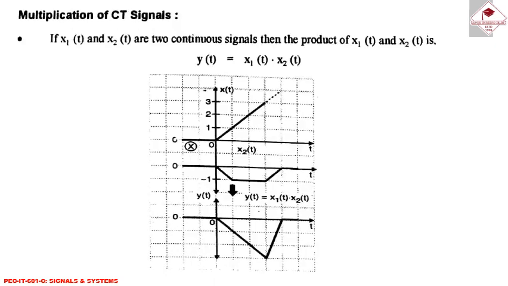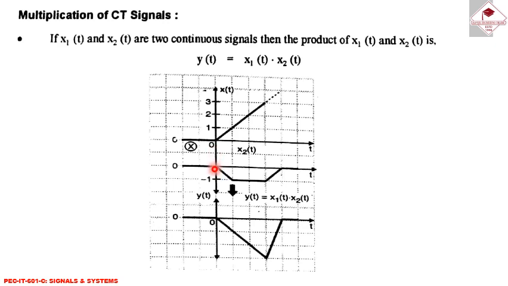Next, multiplication in the continuous domain. In the continuous domain, two signals are again written: x1(t) is written like this, and x2(t) is written like this. These are the two signals. Now if I multiply as per the position value, at position 0 its value is 0, and for x2 at position 0 the value is 0.